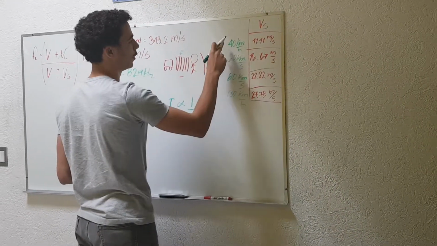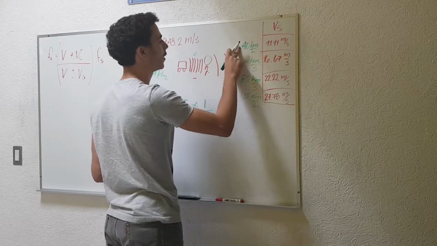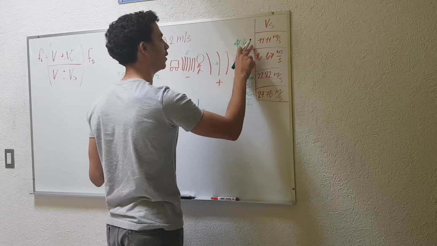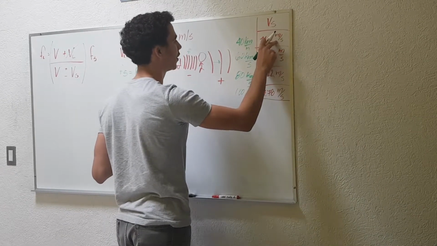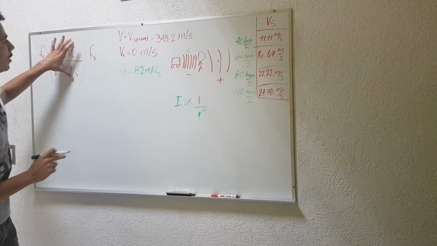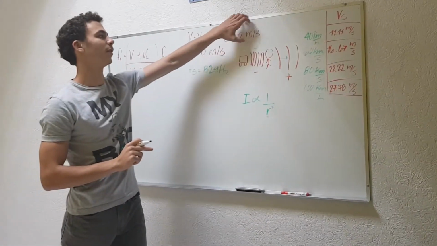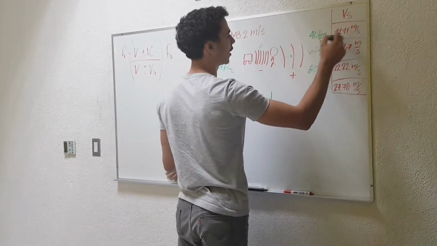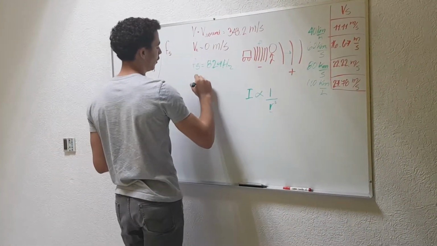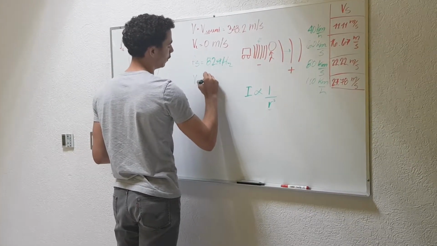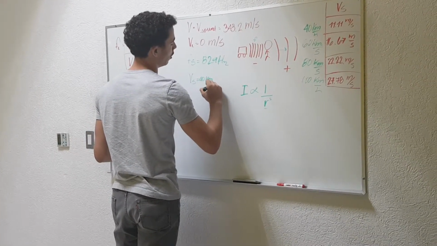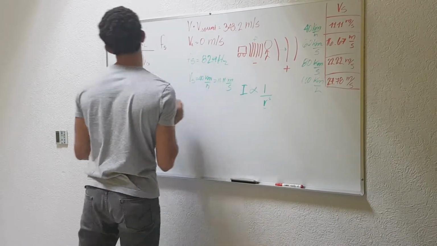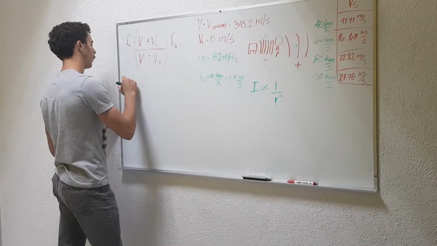We went from 20 to 20, we increased the velocity 20 kilometers per hour each time, and we converted this to meters per second because the velocity of the sound is in meters per second. So for example, if we take the first case, where the velocity of the source is equal to 40 kilometers per hour, or 11.11 meters per second, we obtain the following frequency for the listener.